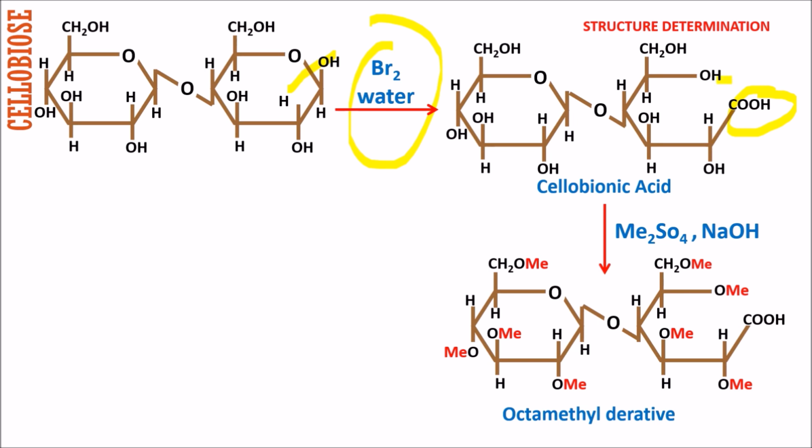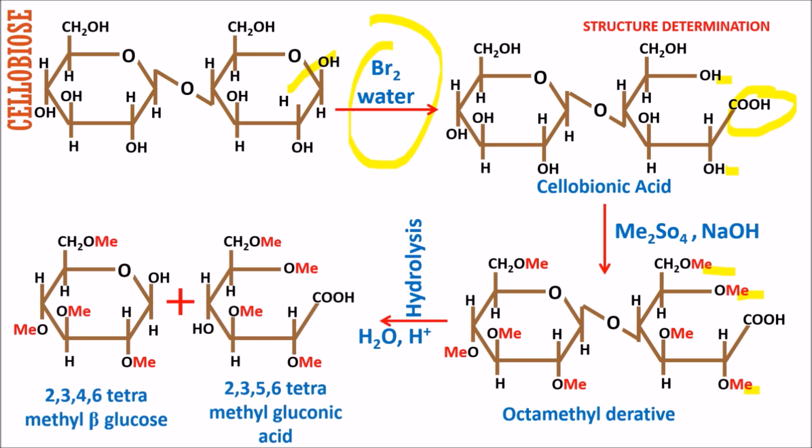All the free H plus are replaced by methyl groups, while subsequent hydrolysis of this octamethyl derivative forms 2 different monomers, that is 2,3,4,6 tetramethyl beta glucose and 2,3,4,6 tetramethyl gluconic acid.